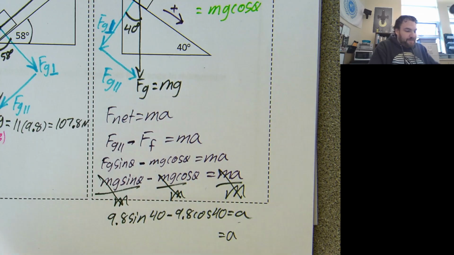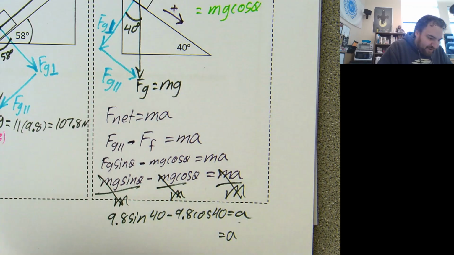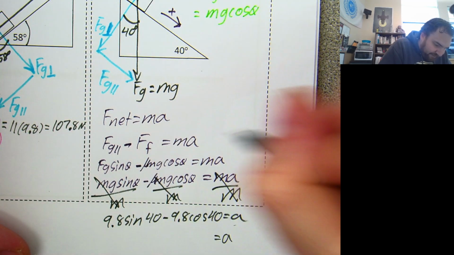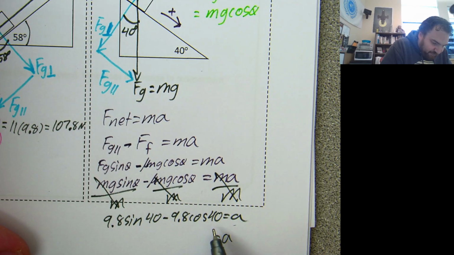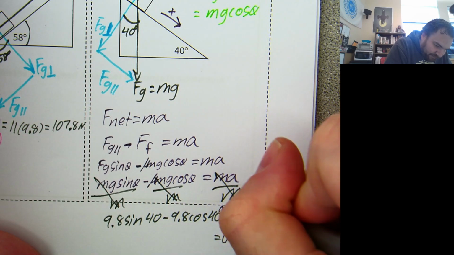Try again. Oops, we forgot something. Nobody caught me. What did I leave off? I left off a mu. There should be a mu there, and there should be a mu there. So this isn't 9.8 cos 40, it's 9.8 cos 40 times 0.21.